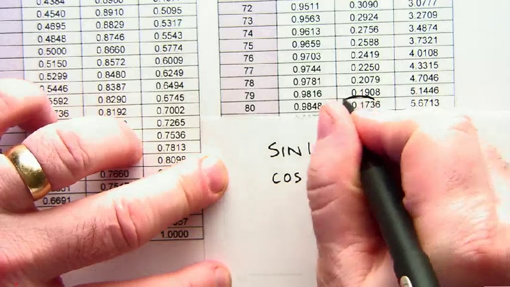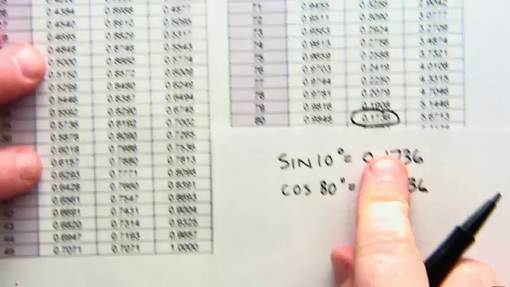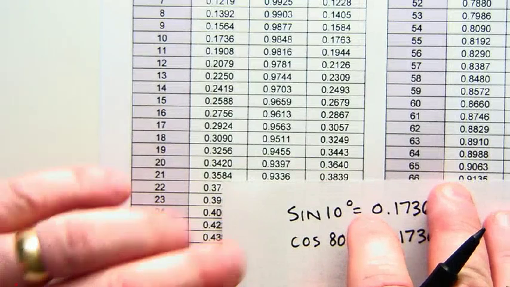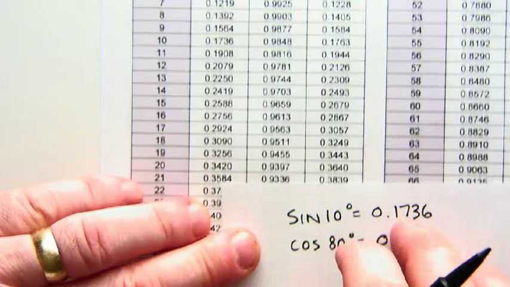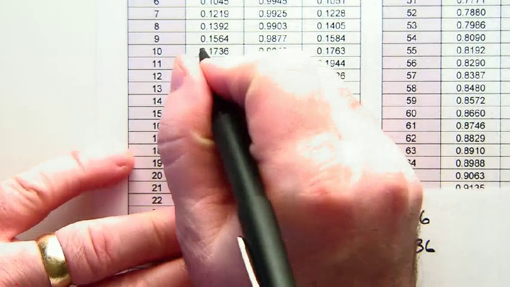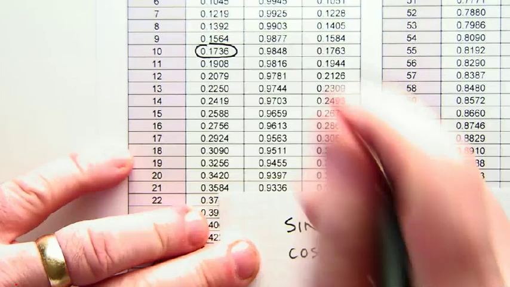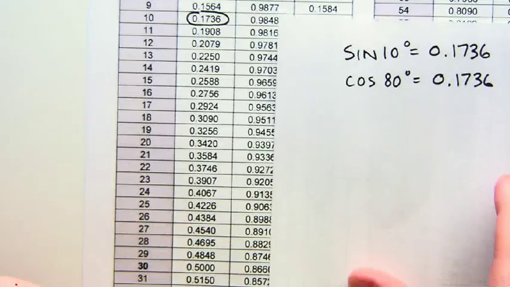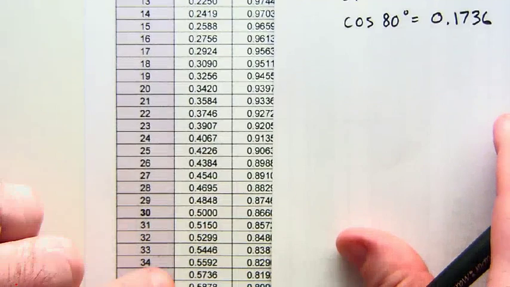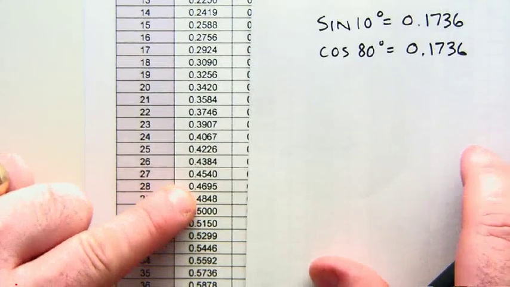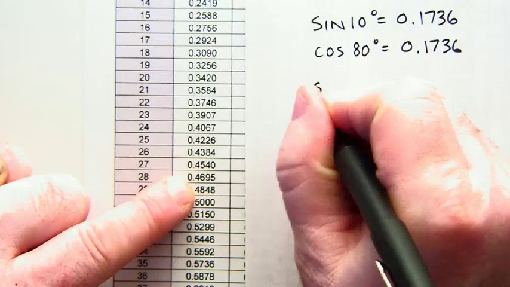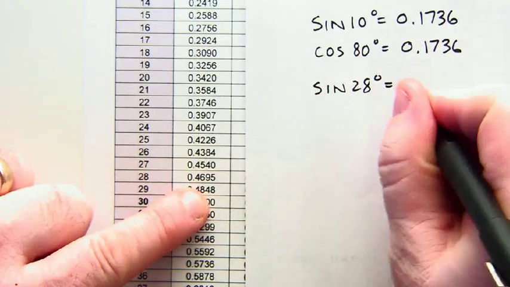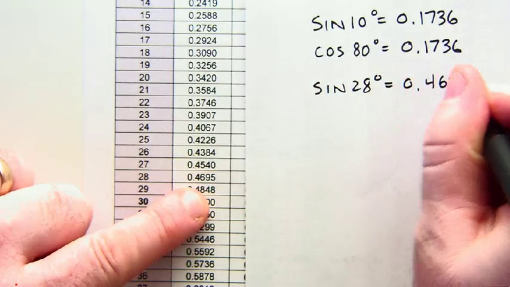So this value right here in my table matched, where was it? Right, sine of 10 right here. Very interesting. Let's see if that happens again. I don't know, you pick, let's see, 28. Let's pick sine of 28. Sine of 28 degrees comes out to 0.4695.